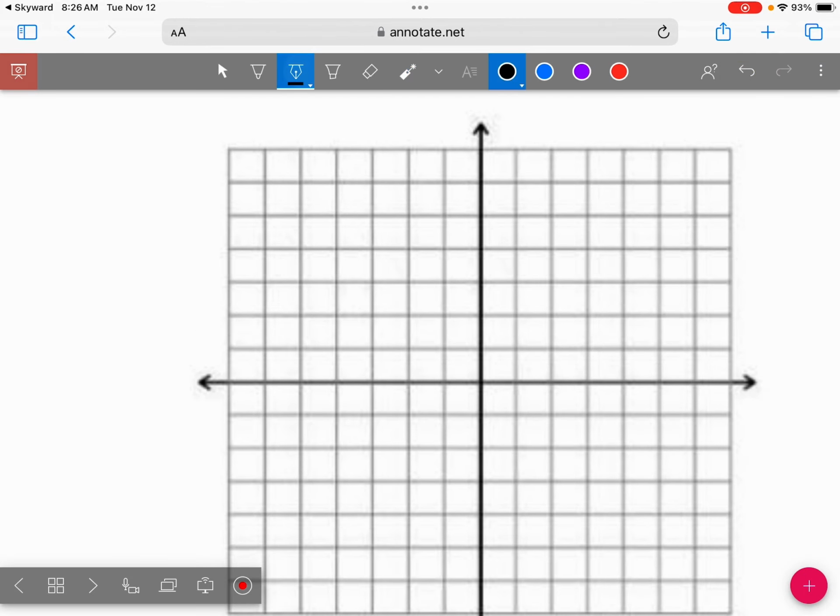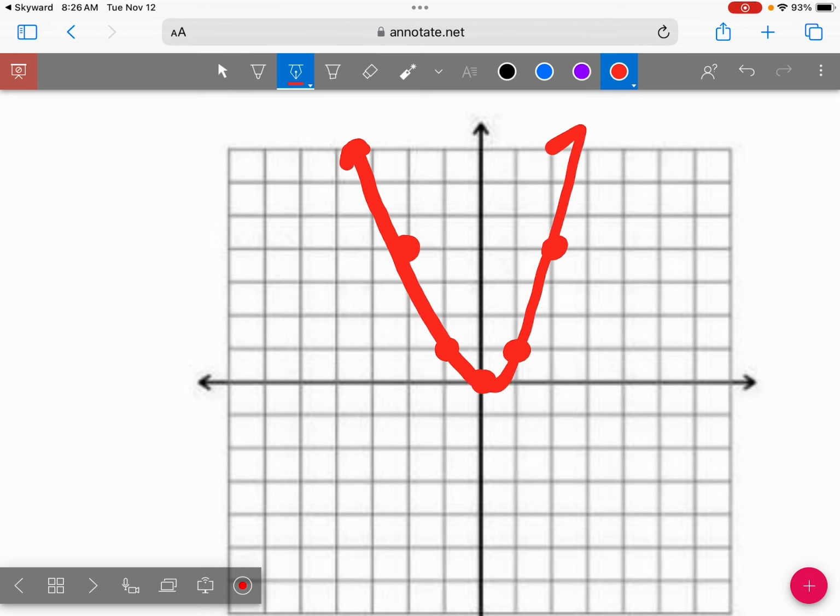So we're going to put a point at -2. Well, let's start with -2 up 4, 1, 2, 3, 4. -1 up 1, 0, 0, 1, 1, 2, 4. So this is my original. So this red graph here, that's f of x.